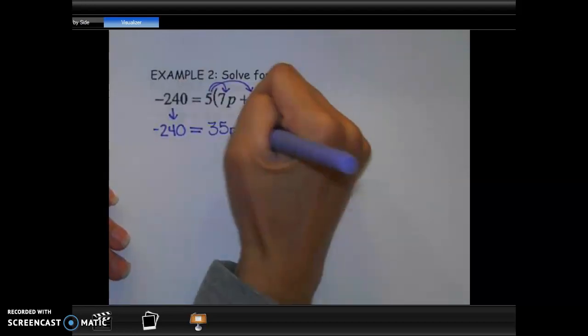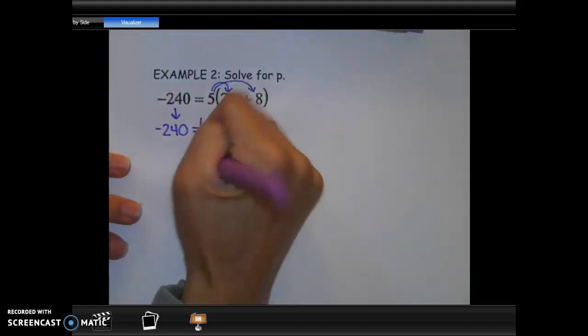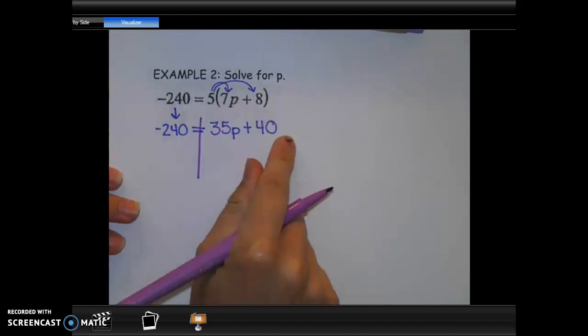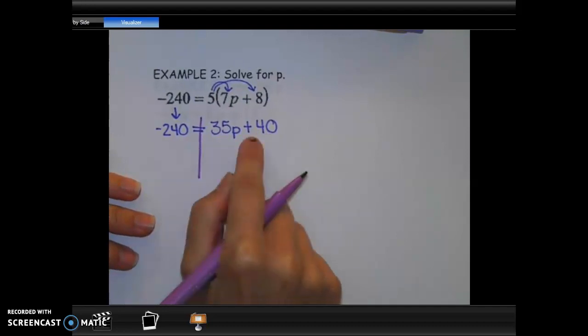Then we have 5 times positive 8. That gives us 40. Now remember, I told you once you get rid of your parentheses and once you have one single variable to solve for, that's when you can start doing opposite operations. So I'm looking at my wall. Here's the side that contains our variable. What is farthest away? Is this 35 farthest away or this positive 40?